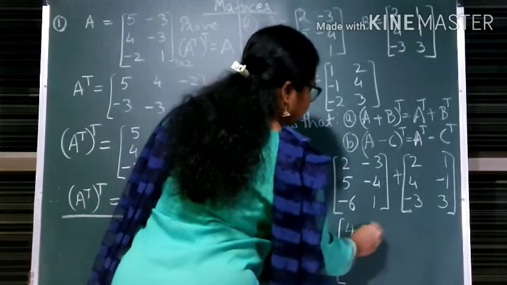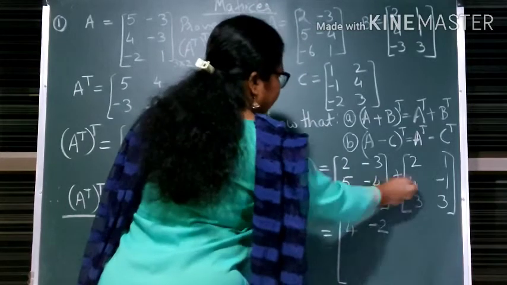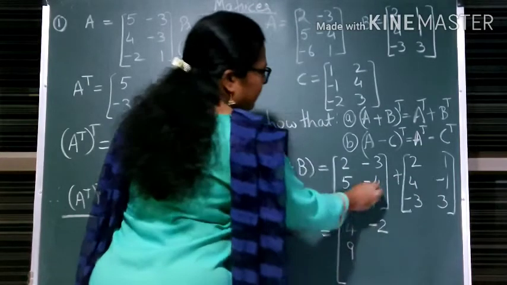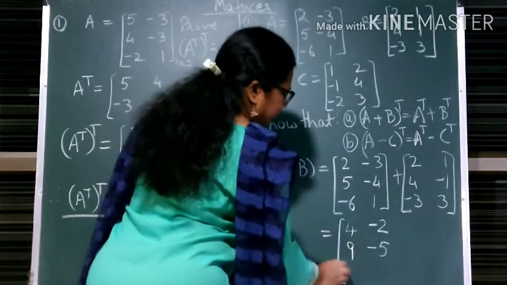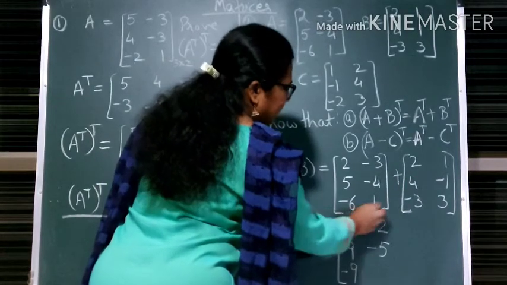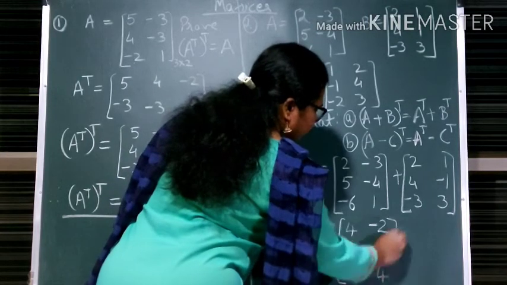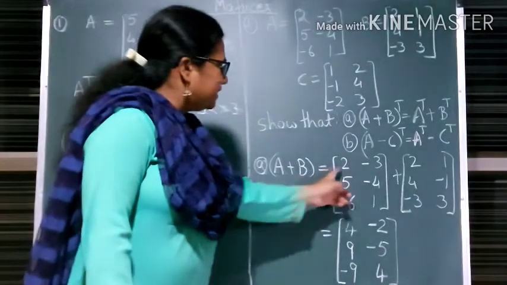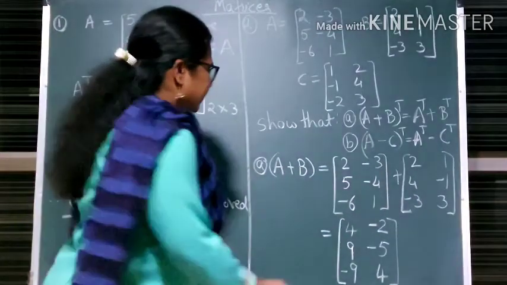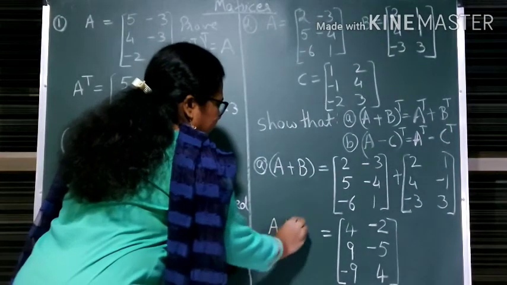Minus 3 plus 1 is minus 2. 5 plus 4, 9. Minus 4 minus 1 is minus 5. Minus 6 minus 3 is minus 9. And 1 plus 3 is 4. So first add the matrices A and B. Just add the corresponding elements and you get the matrix A plus B.